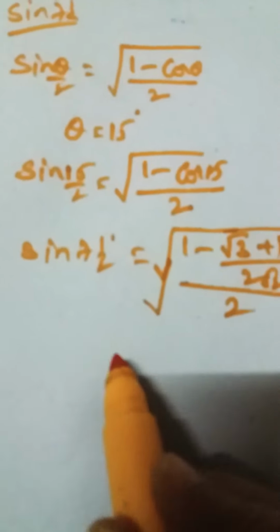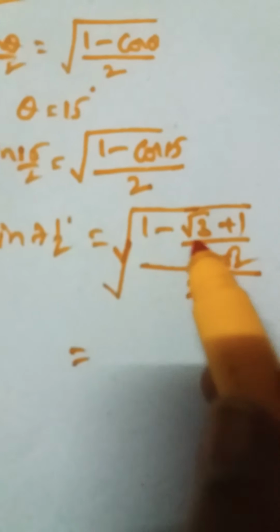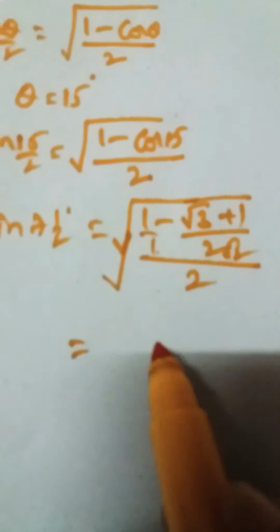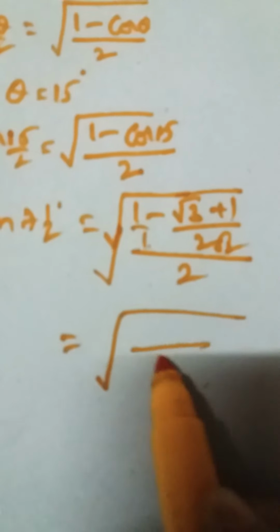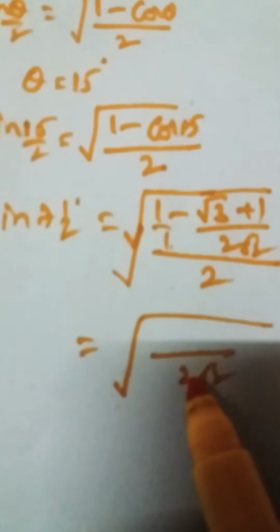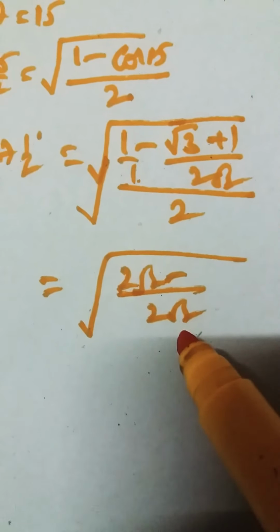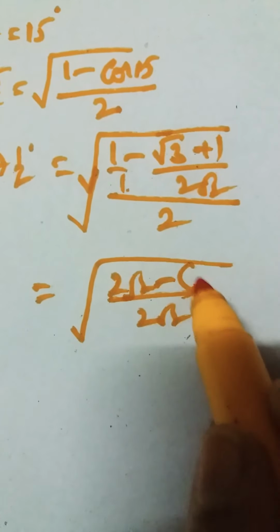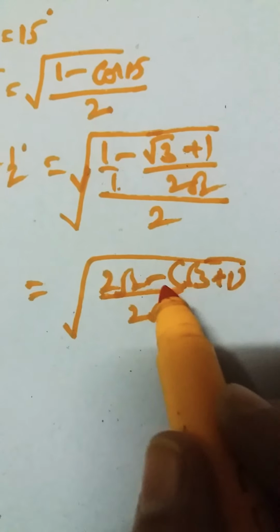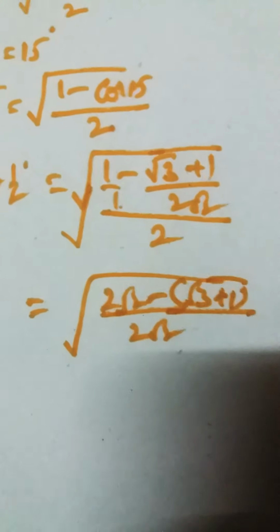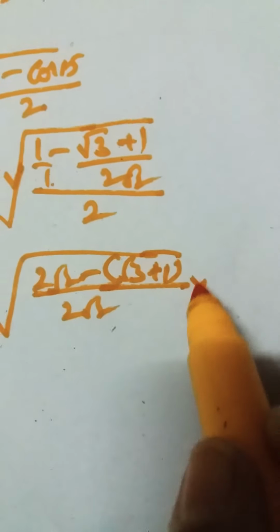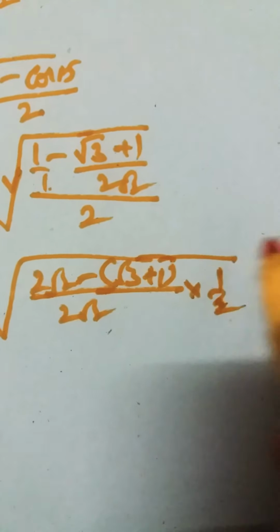Now we get sin 7.5 degrees as, take LCM here, for 1 comma 2 root 2 the LCM is 2 root 2. 2 root 2 into 1 is 2 root 2, minus, 1 into the numerator, root 3 plus 1, whole divided by 2. So this divided by 2 becomes its reciprocal, 1 by 2, under root.